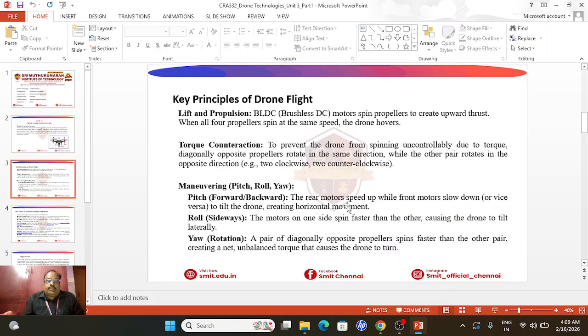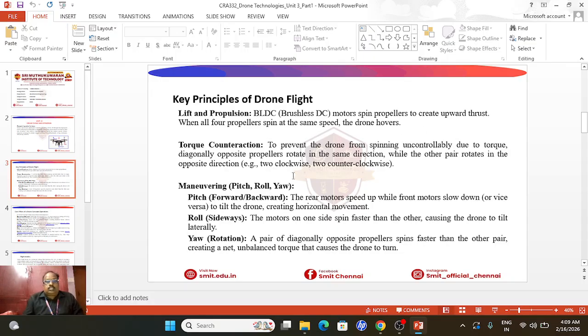The key principle of drone flight is lift and propulsion. BLDC brushless DC motors spin propellers to create upward thrust. When all four propellers spin at the same speed, the drone hovers.